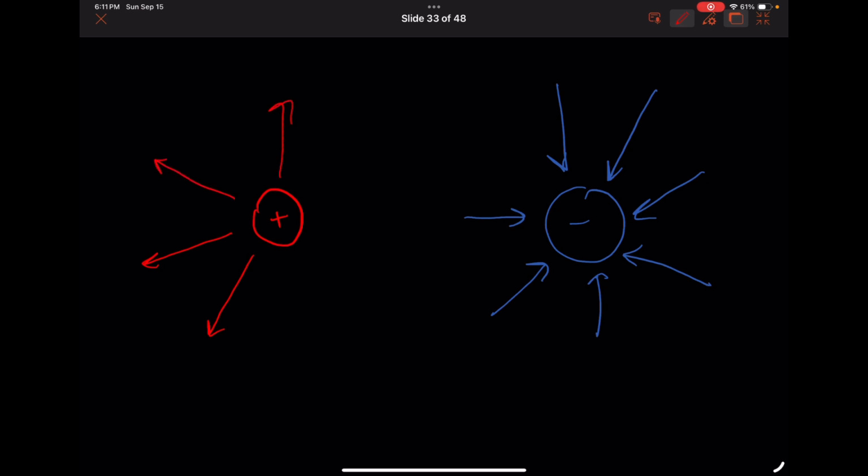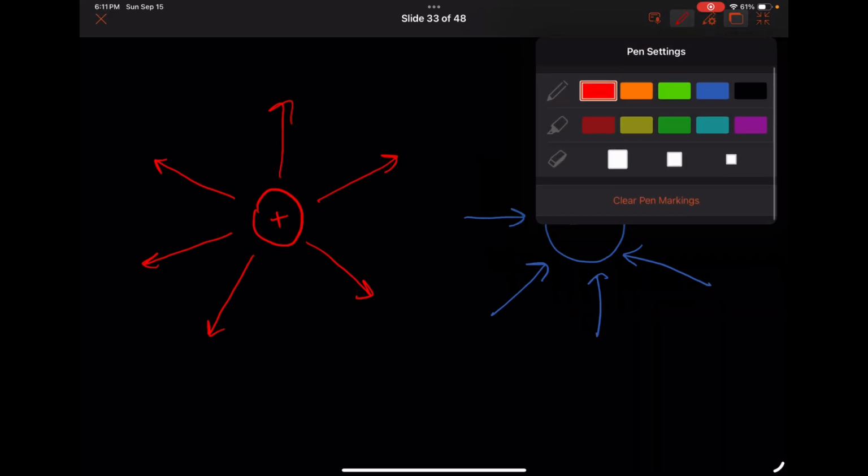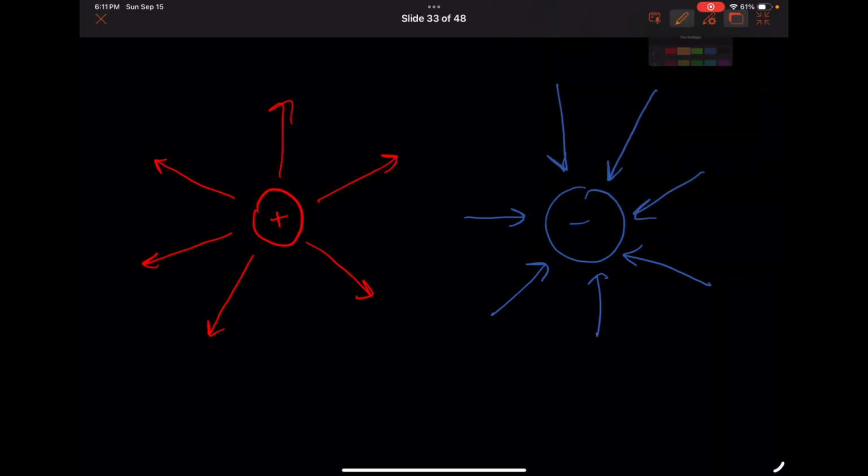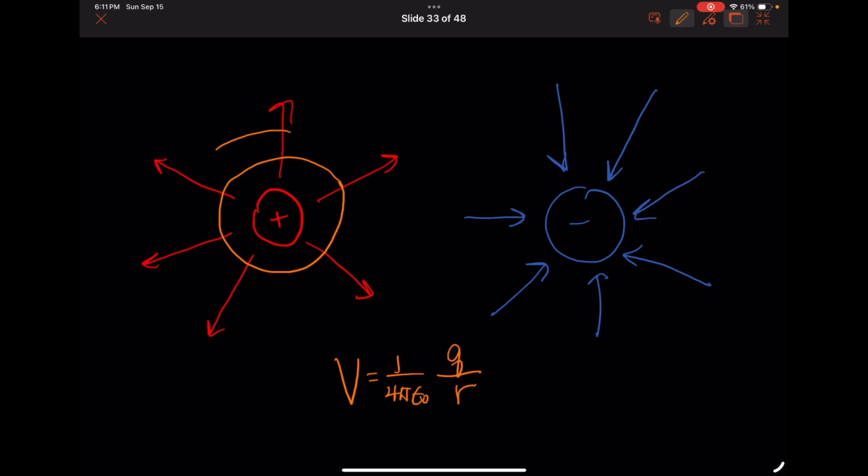So if this is our equation for potential, I'll write it in a different color. This is our equation for potential, right? Where R is the distance from the point charge to the place we want to know the potential. You will note that regions of constant potential would be circles of radius R, right? Distance away from the point charge.